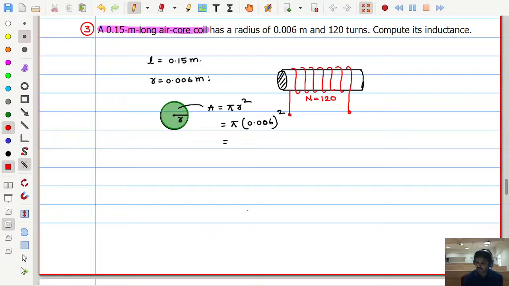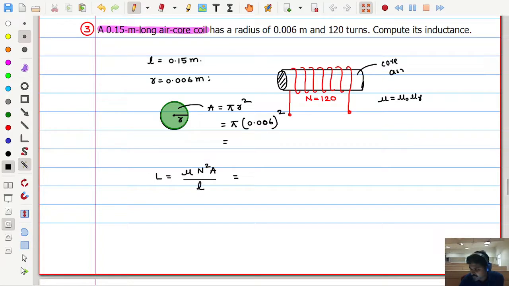Now we need to determine the inductance value. Just recap the inductance expression. L is equal to mu n square A by L. What is mu? Mu is equal to mu naught into mu r. What is the core?